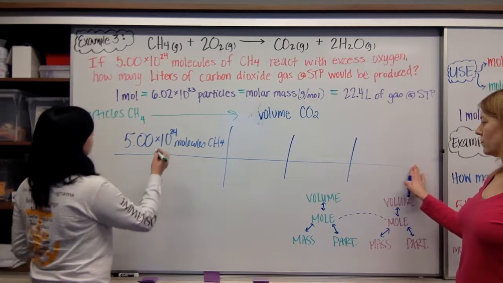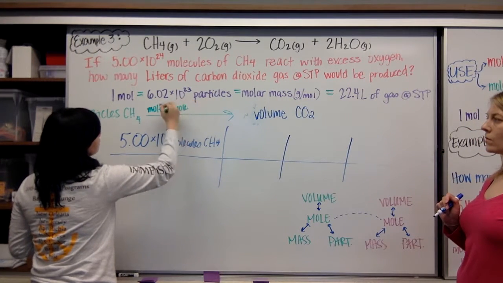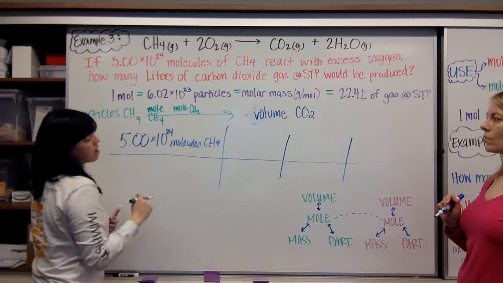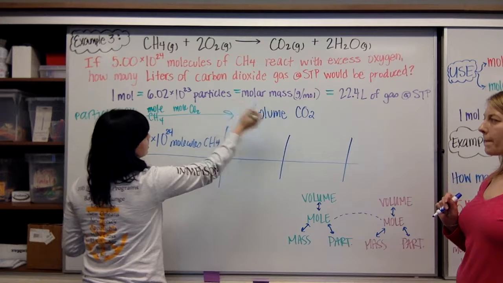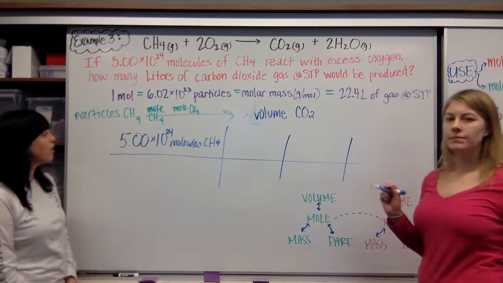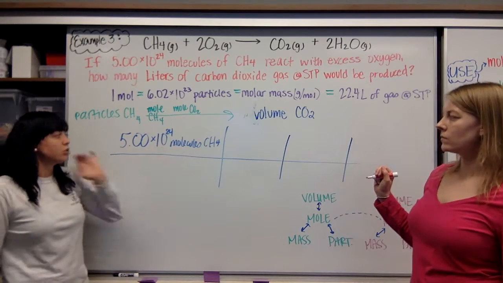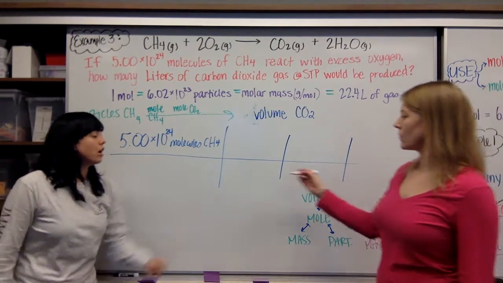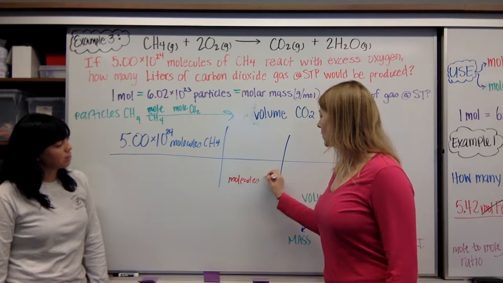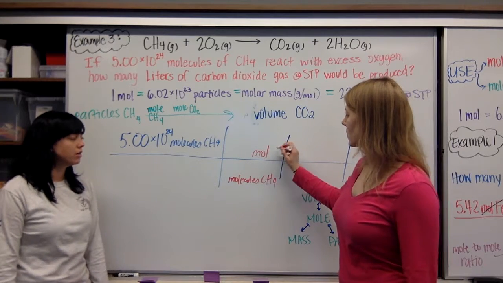Great. So I'm going to moles of methane, to moles of carbon dioxide, and then moles of carbon dioxide to my volume of carbon dioxide. Okay, so 5.00 times 10 to the 24th molecules of methane on the bottom, and I'm trying to get to moles, so over 1 mole of methane on top.